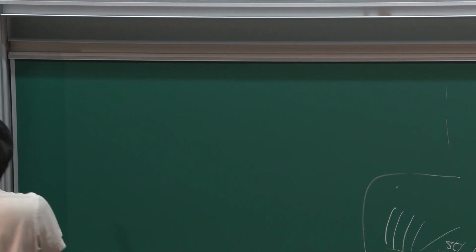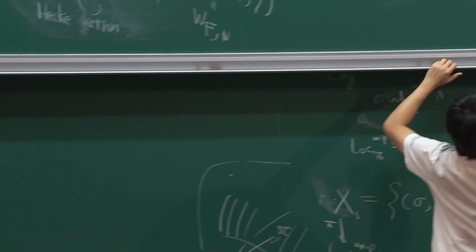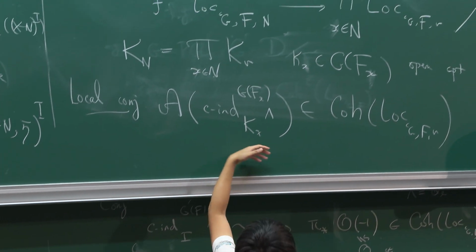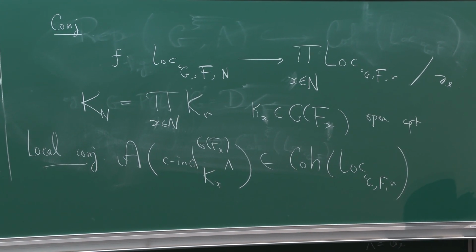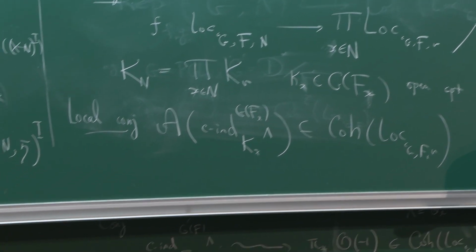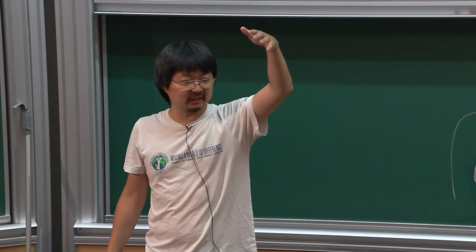Sorry, in the local conjecture, what are you compactly inducing? In the local conjecture you just wrote, you have compact induction of the trivial module. Yeah. By the way, of course, in the local conjecture, to get this you need to pick some local Whittaker data.